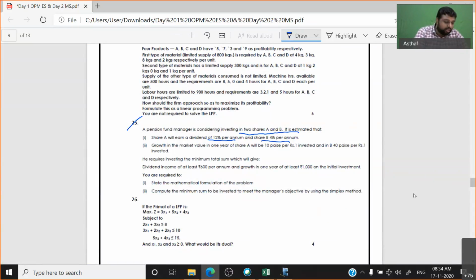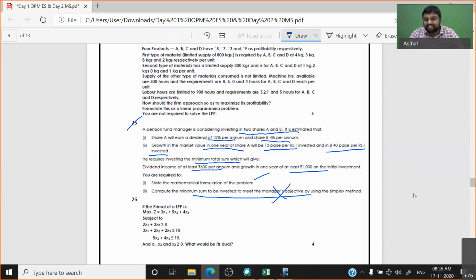Growth in the market value in 1 year will be 10 paisa per 1 rupee invested for A, 40 paisa per 1 rupee invested for B. He requires the investment of a minimum total sum which will give dividend income of at least 600 per annum and growth of 1000. You are required to find the mathematical formulation. This you cannot do; that we don't want in our syllabus.